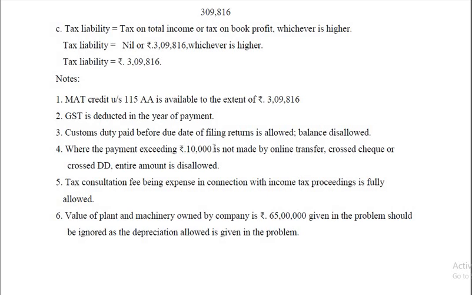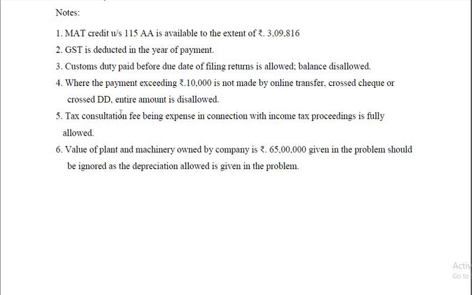Where a payment exceeding 10,000 is not made by online transfer, crossed cheque or crossed DD, the entire amount is disallowed. Tax consultation fee, being expense in connection with income tax proceedings, is fully allowed. The value of plant and machinery owned by the company, rupees 65 lakh, given in the problem should be ignored as the depreciation allowed is given in the problem.